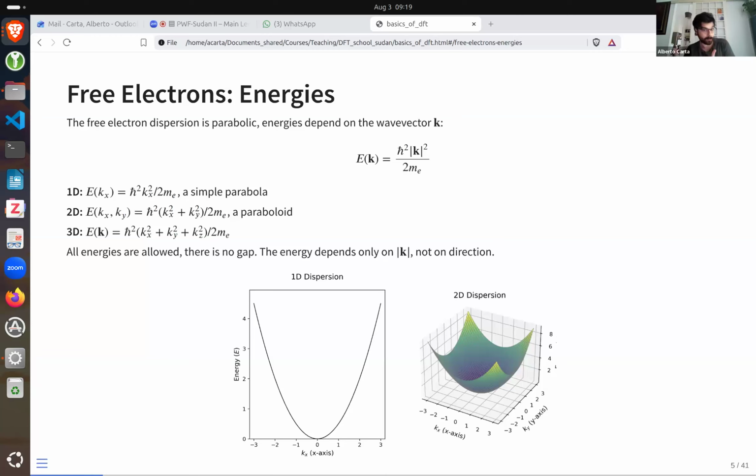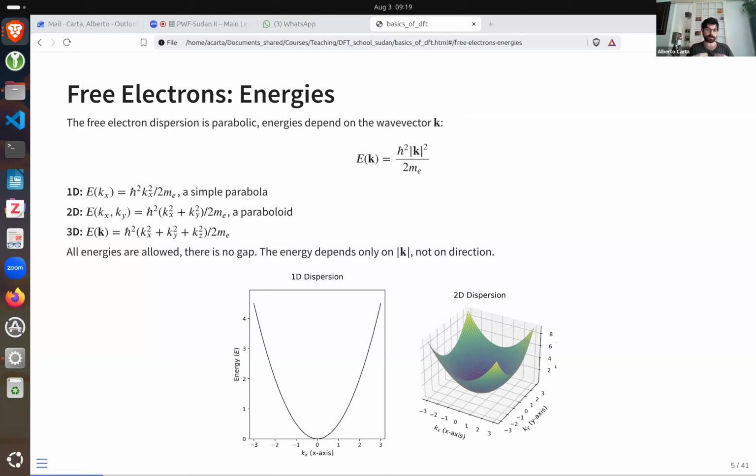Let's start from the energies. In a free electron state, energies depend on something called a wave vector. So we have a direction with some magnitude, and this is a wave vector in what is called reciprocal space. You should have done this with Natasha last week.